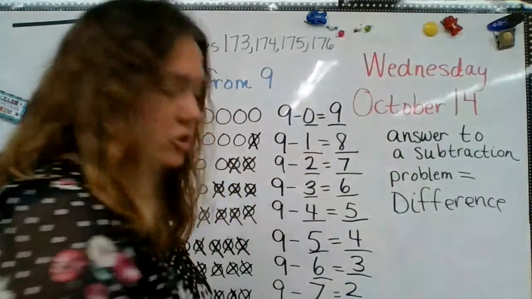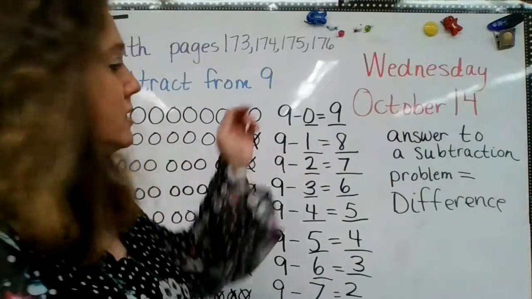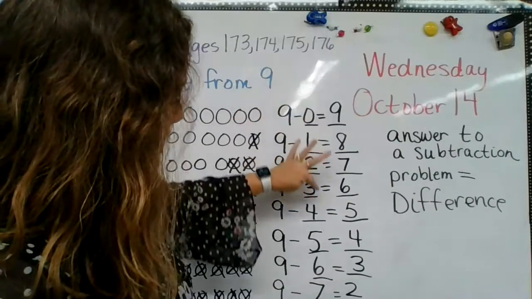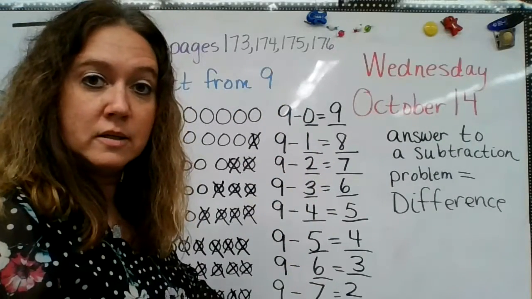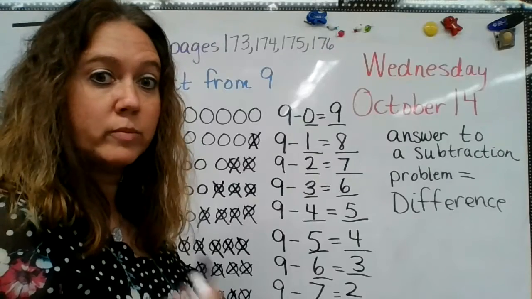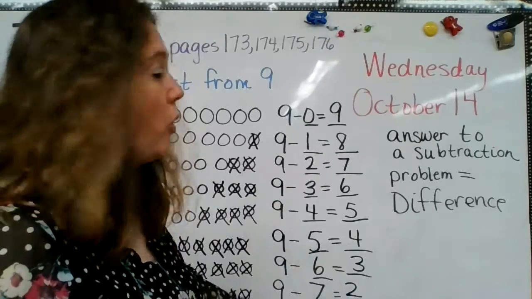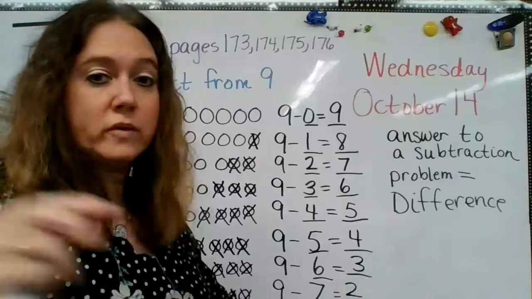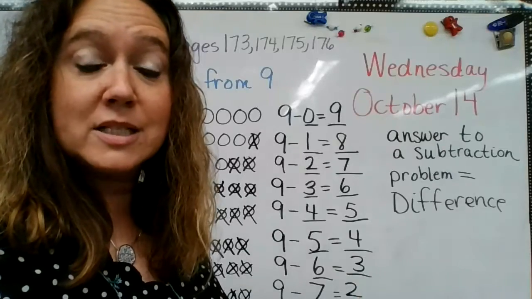This answer is called the difference when we subtract. So as we subtracted, the second number became bigger as we subtracted from the whole, then the difference or the answer became smaller.